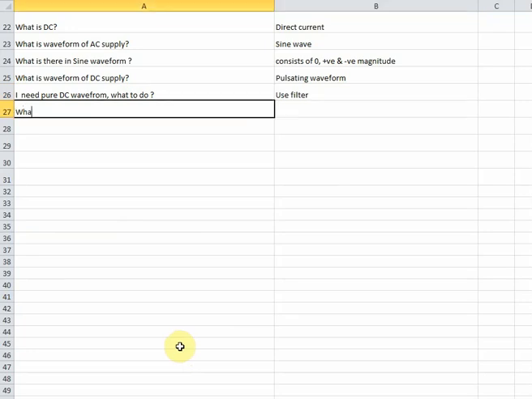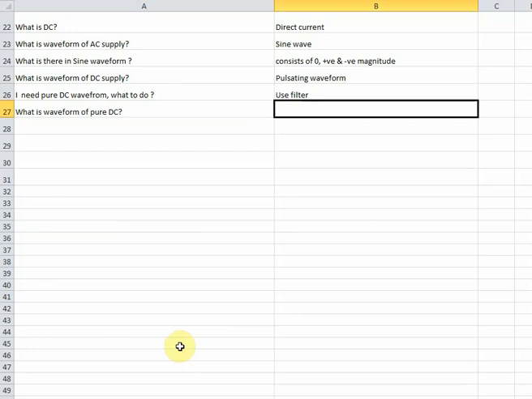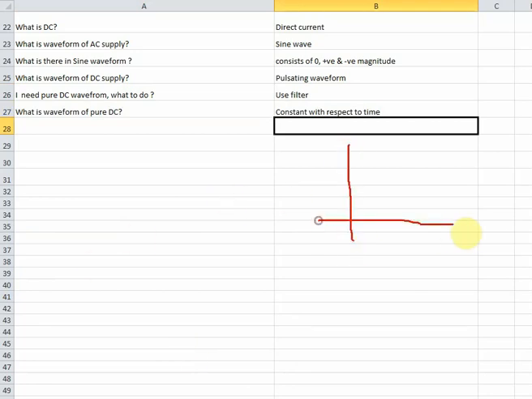So what is the waveform of pure DC? It is constant with respect to time. Yes, it's a constant waveform extending with respect to time. So this is the time period, and this is the voltage waveform.